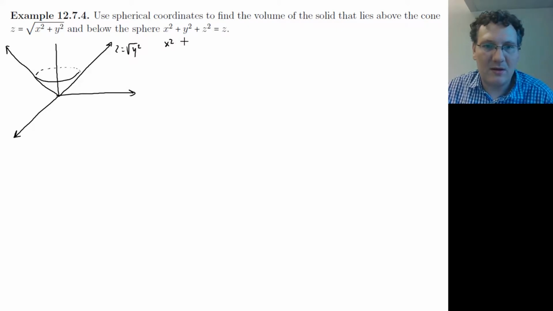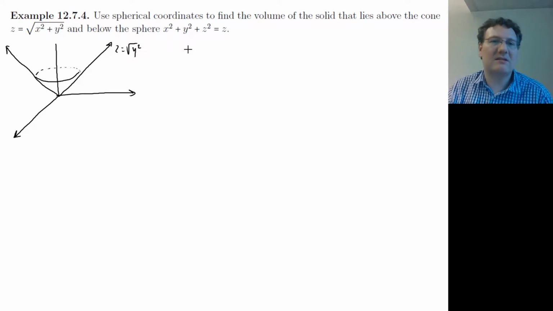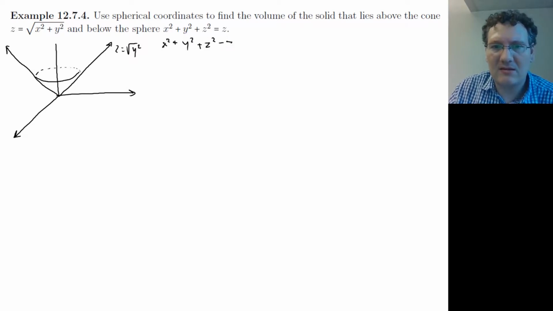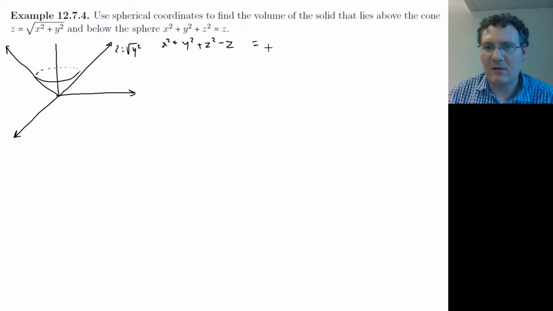Now this sphere, let's write this as x squared plus y squared plus z squared minus z equals 0. I want to complete the square.